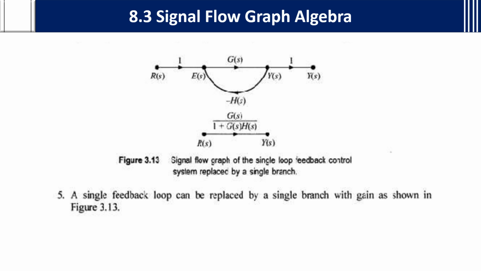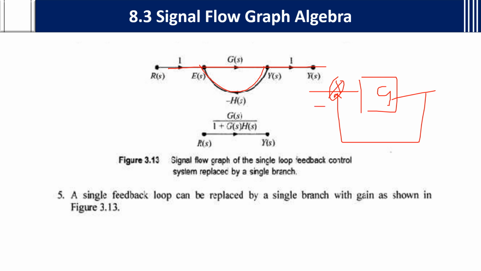Then the final rule: a single feedback loop can be replaced by a single branch with gain, as shown in the figure. See, there is a forward path like this and a feedback loop like this. So we can write this. If you see, this looks the same as a block diagram. G is the forward path, the backward path has minus, and here H is given.